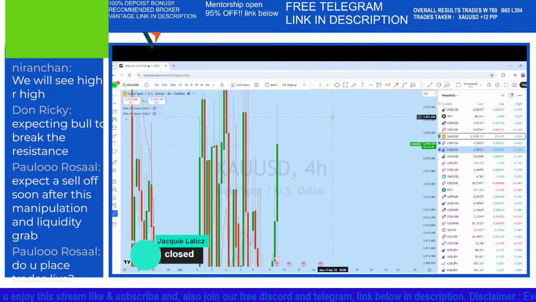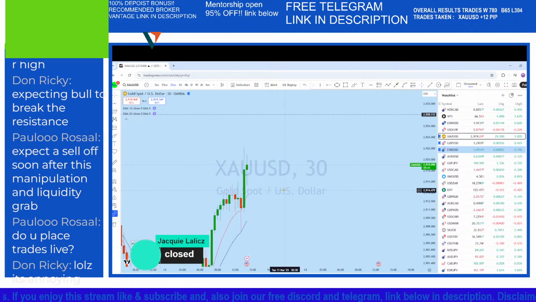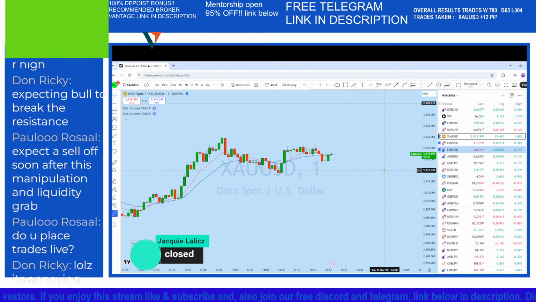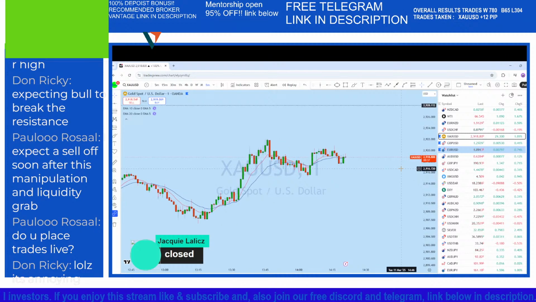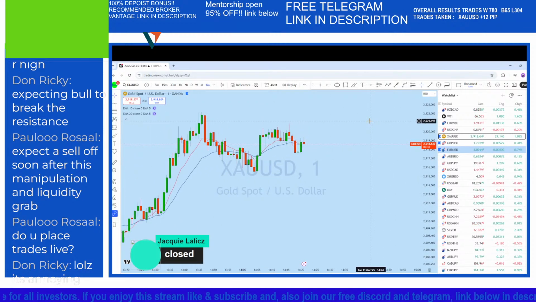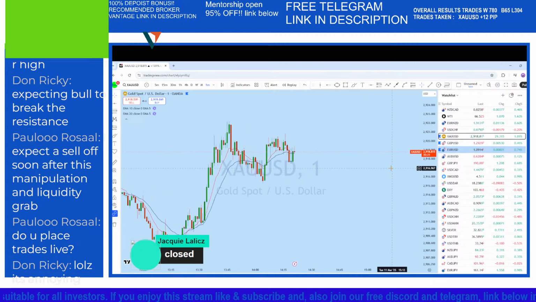As I mentioned, the market is in a very, I would say, unpredictable structure where it's trying to move up and at the same time sideways.